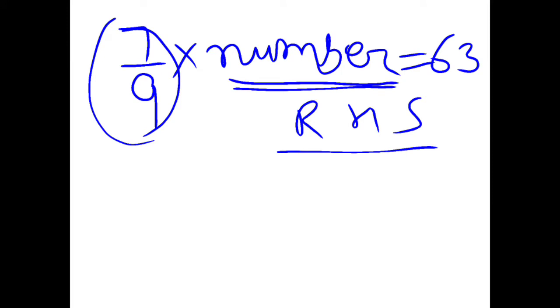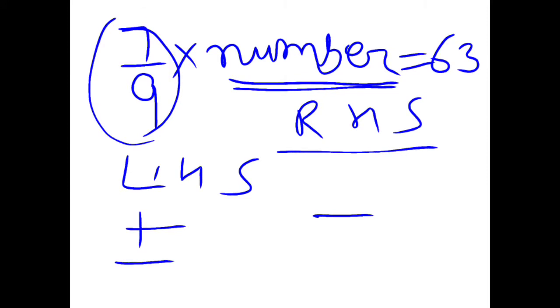The simple rule says that when a value on the left hand side is in addition, it becomes subtraction on the right hand side. A value in subtraction becomes addition. A value in multiplication becomes division, and a value in division becomes multiplication when it goes to the right hand side.